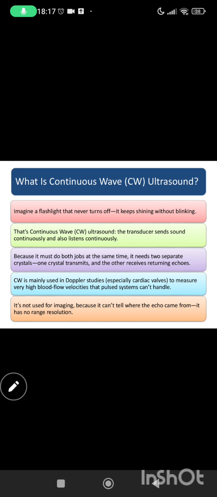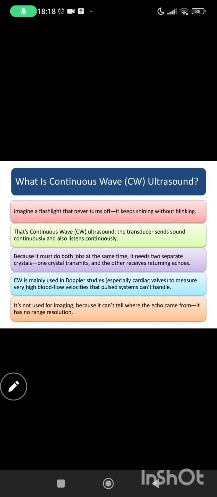The transducer keeps sending sound waves non-stop. It never takes a rest. But since it's sending sound continuously, it also needs to listen continuously. That's why it has two separate crystals. One crystal transmits sound all the time and the other listens all the time.